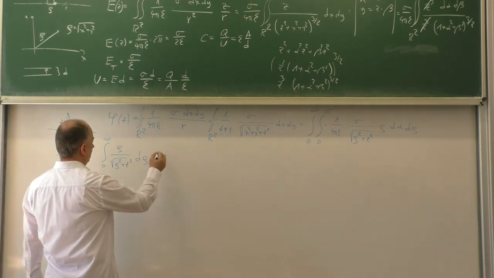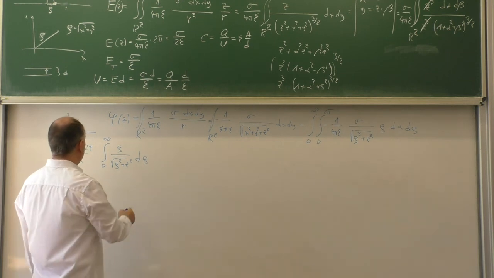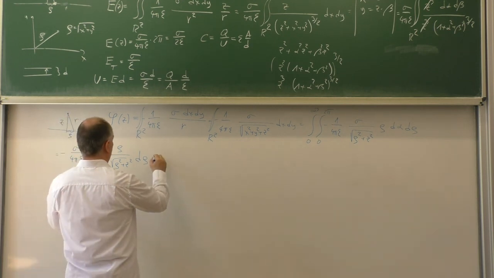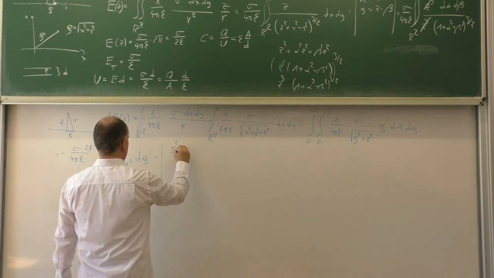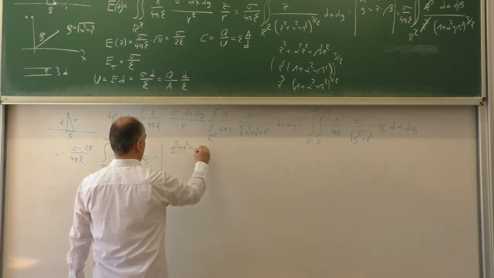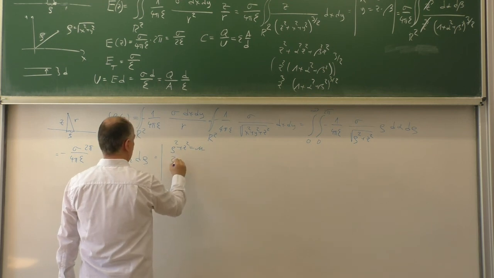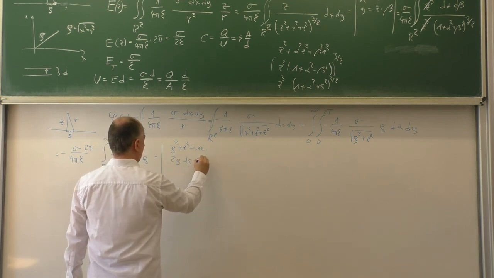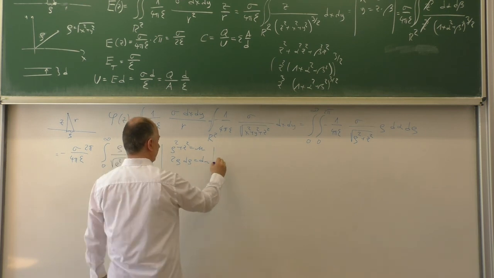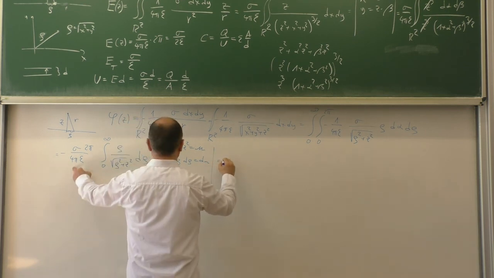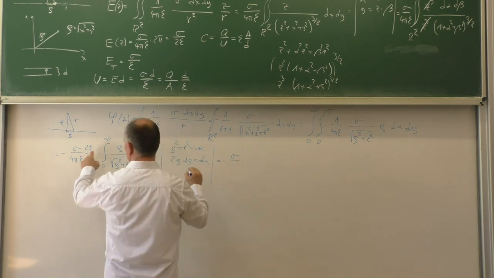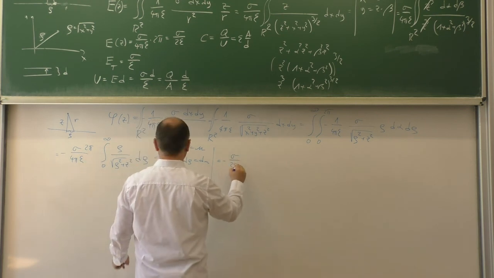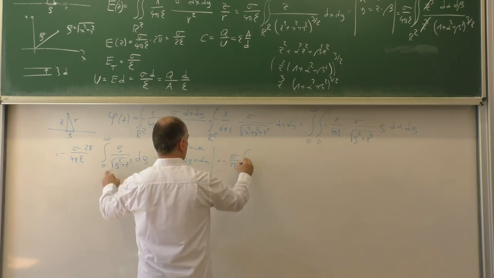If we use substitution, rho squared plus z squared is u, then 2 rho d rho is du, and then we have minus sigma over 2 epsilon integral.